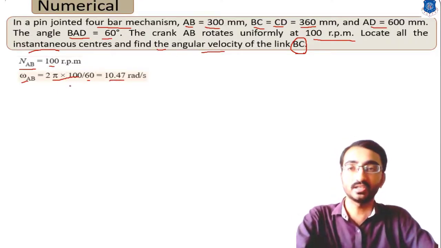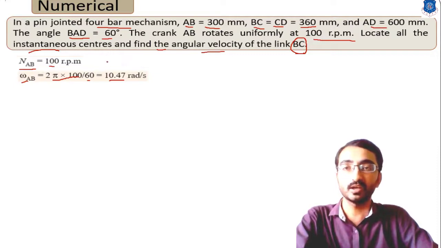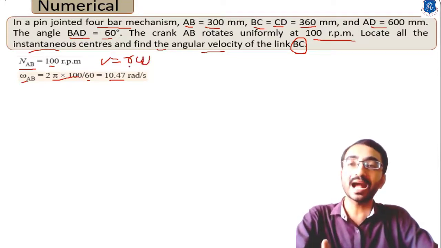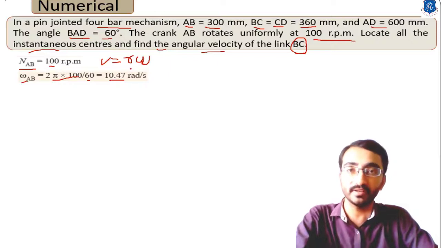Now for the linear velocity, we have the relation V is equal to R into omega. So we can say V_AB is equal to the length of AB into omega_AB, where the length of AB is 300 mm.